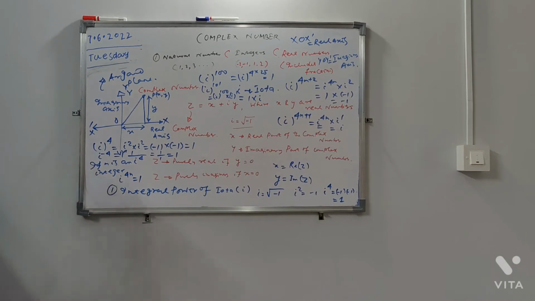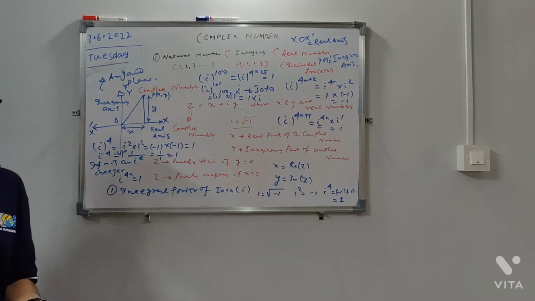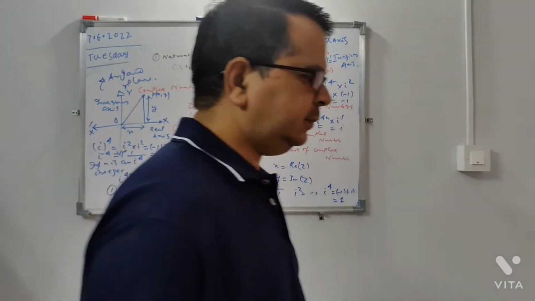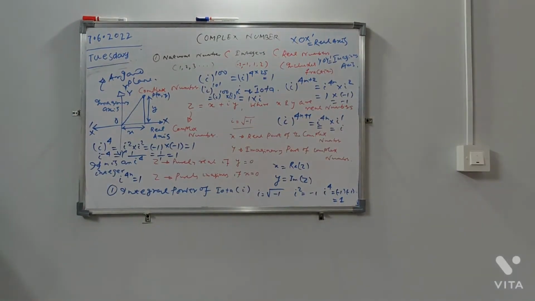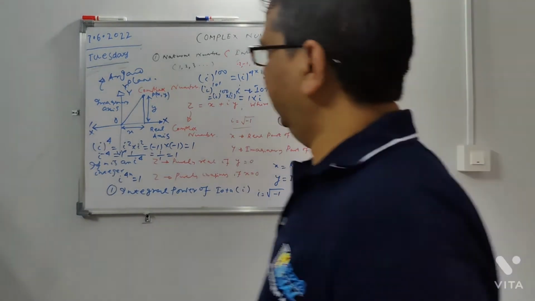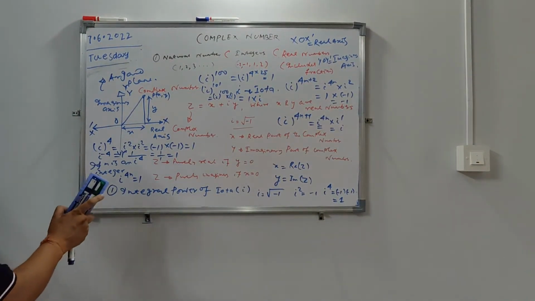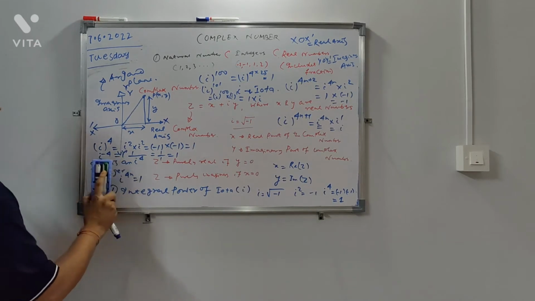This concept of imaginary and complex numbers comes from the square root of a negative number. How do we represent the square root of a negative number? That's why complex numbers were introduced. In the number system we have natural numbers, integers, real numbers, and then complex numbers.